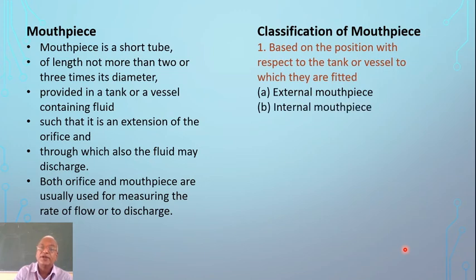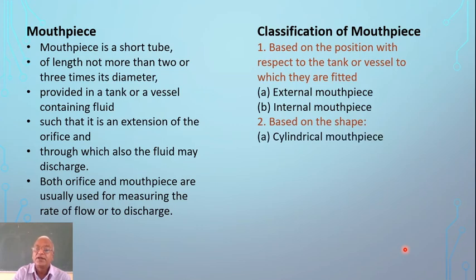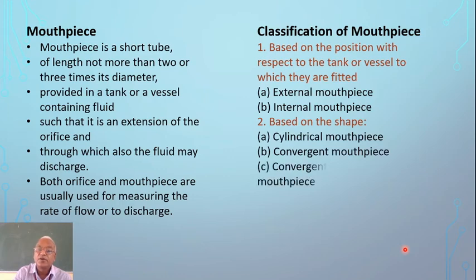There is a different name for internal mouthpiece, which is Borda's mouthpiece. Second classification, based on shape: it can be a cylindrical mouthpiece, a convergent mouthpiece, or a convergent divergent mouthpiece. So this is very important that you should know.